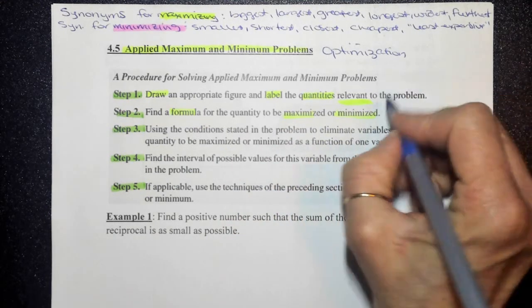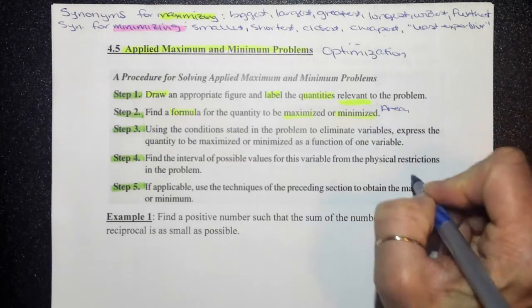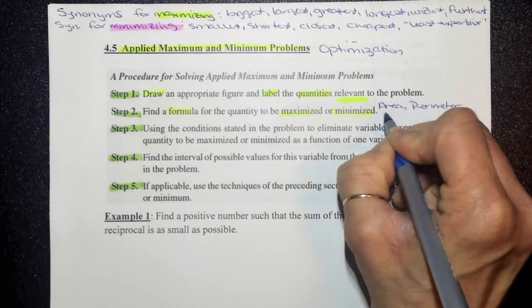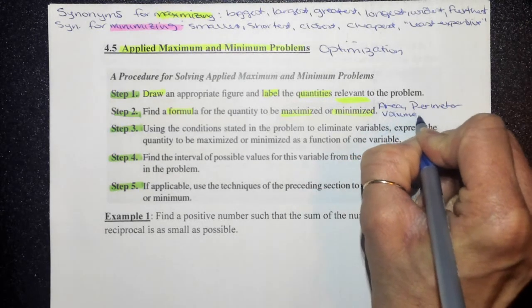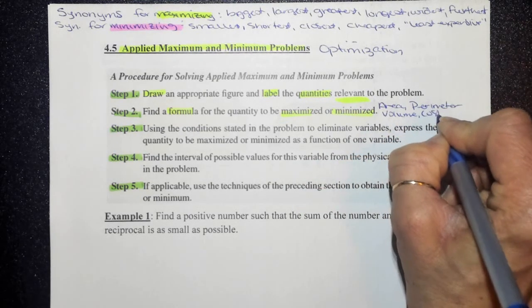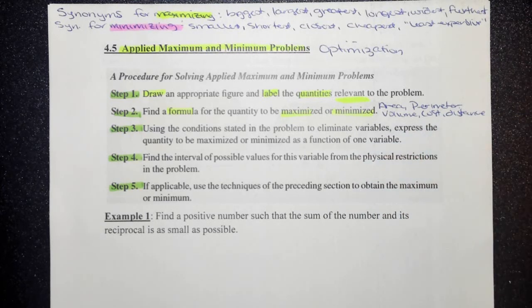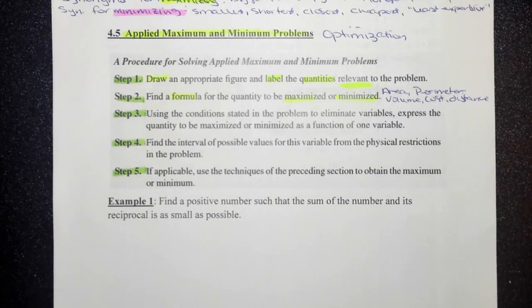So we might need an area formula, or a perimeter, a volume, cost, distance. If you're highlighting or underlining, pick out the appropriate words that give you those clues.